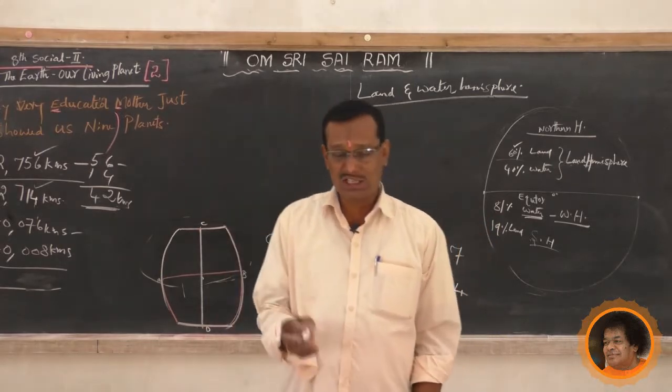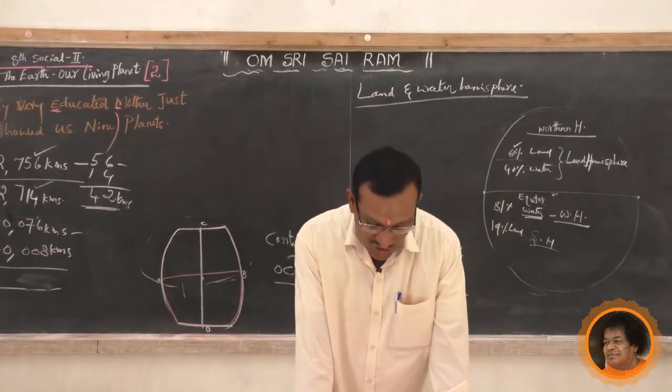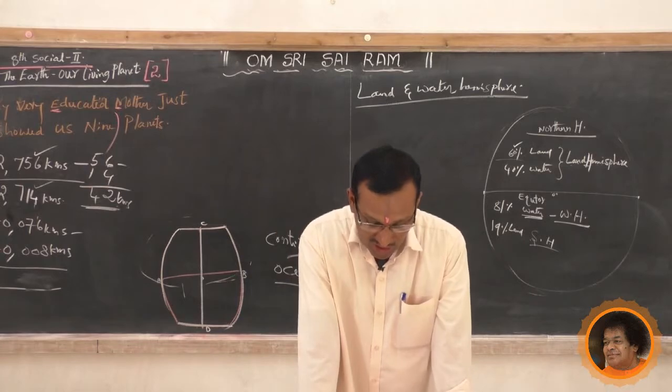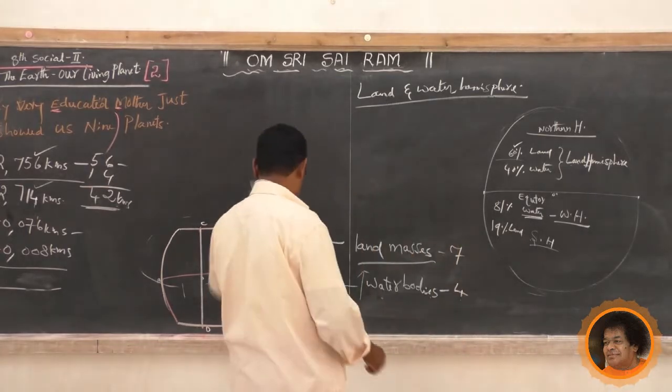A network of lines is drawn on the globe. These are known as lines of latitudes.